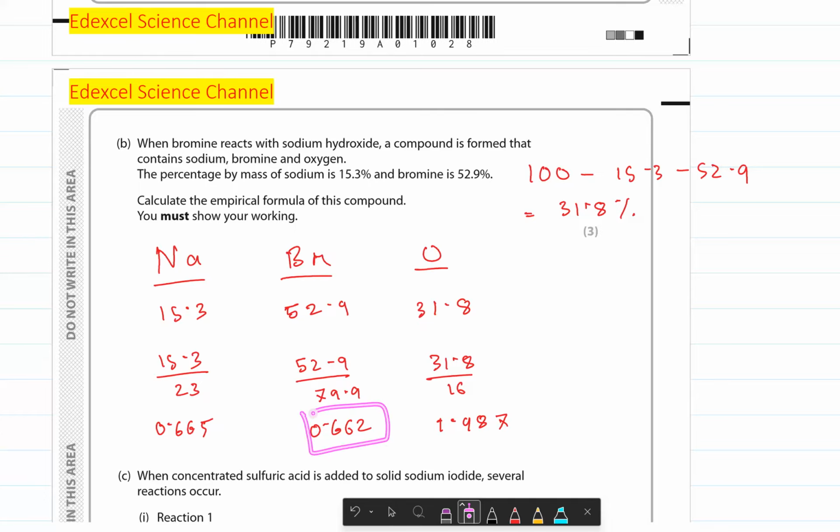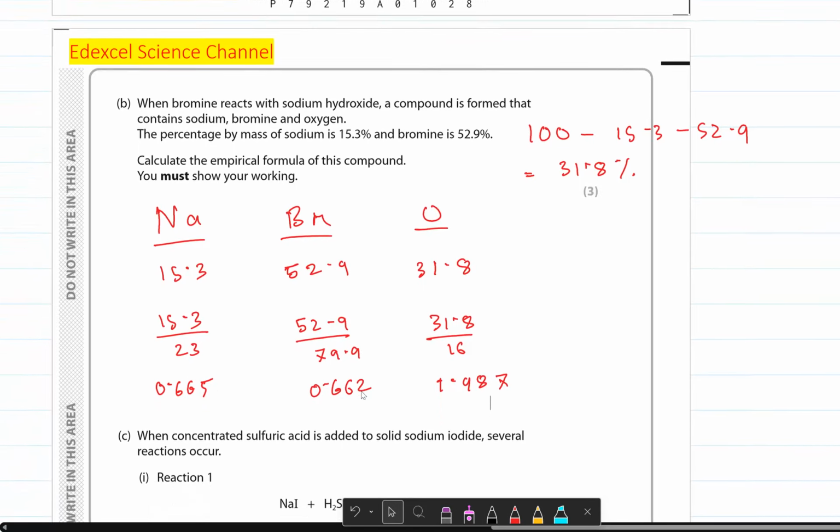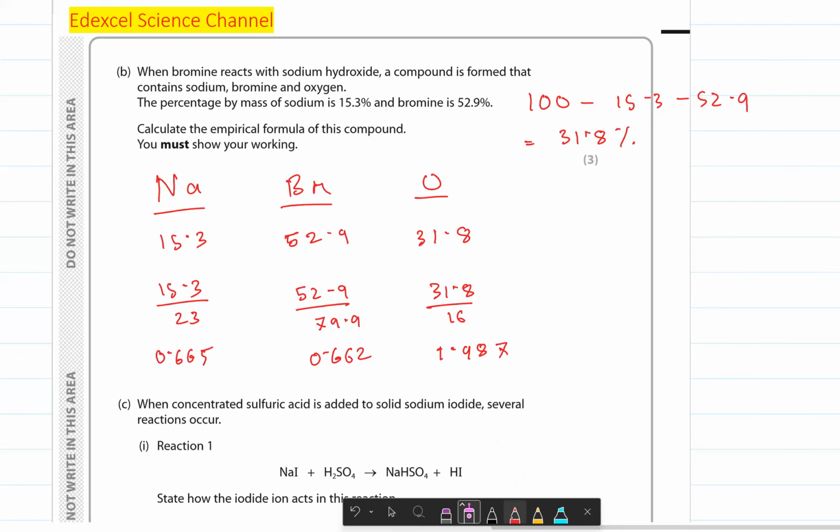So this one is the smallest, and I will divide all of them by the smallest moles. Okay, if I do that, this will become approximately 1, this will also become 1, and this will become 3. So my empirical formula is NaBrO3.